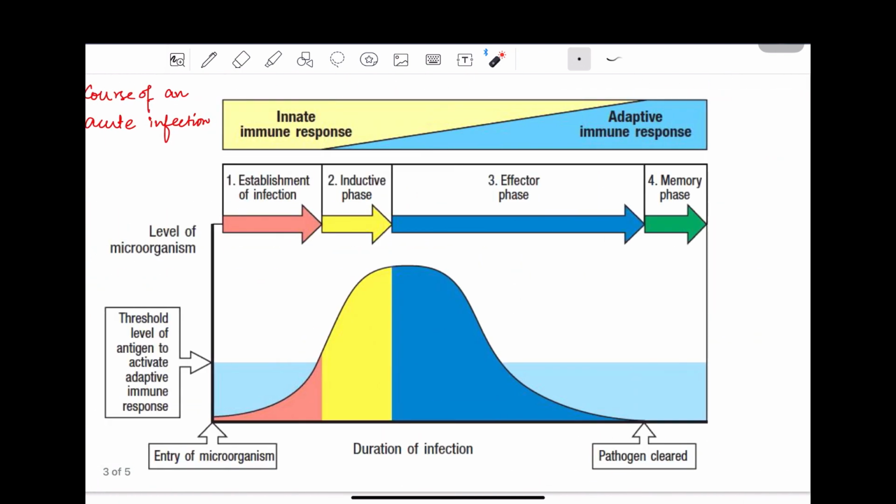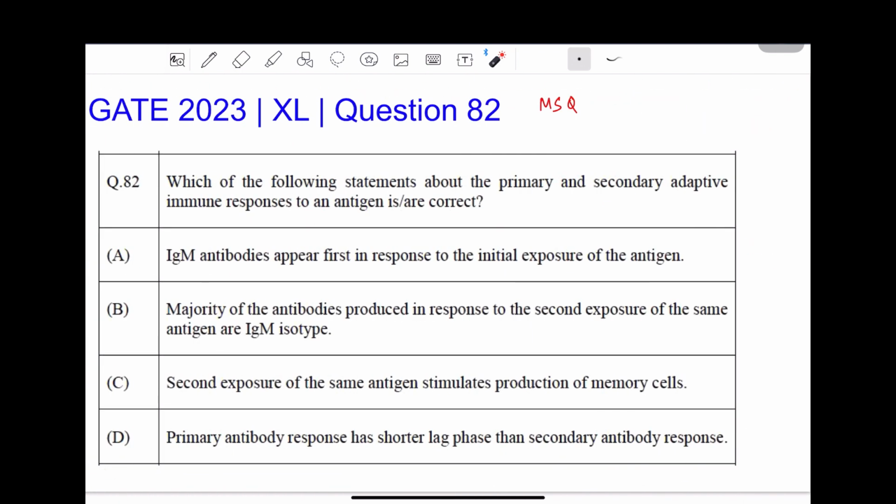Now if we go back to the question, let's look at the options. First of all, we have to identify the statements which are correct about primary and secondary adaptive immune responses. The first one was: IgM antibodies appear first in response to the initial exposure of the antigen. That is correct. We have discussed that IgM are the first antibodies to respond when there is an initial exposure with the antigen.